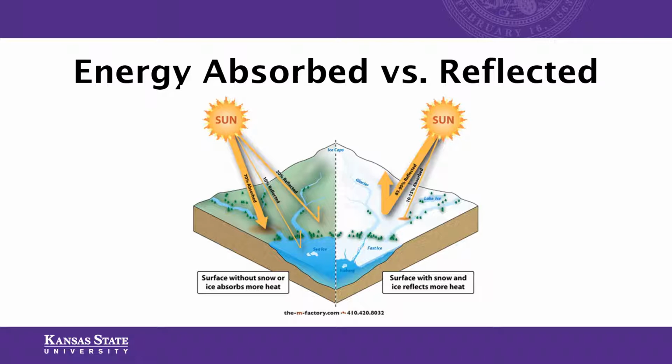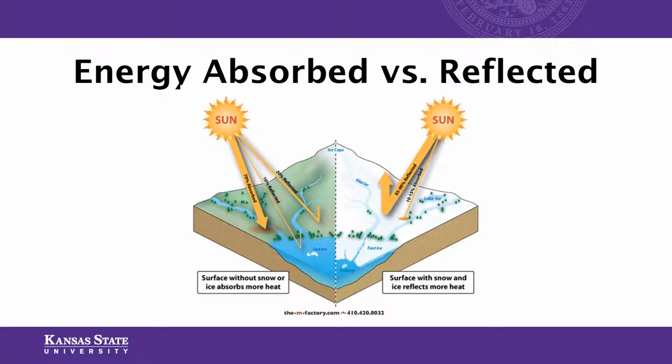The darker the Earth's surface, so ground without ice, dark water, dirt, sand, those sorts of things that don't have snow or ice, absorb more of the heat, which means less of the sun's energy is leaving the atmosphere because it's being absorbed by the non-reflective surface.